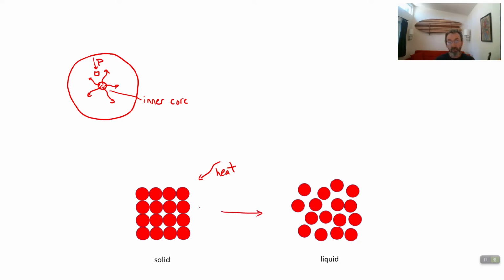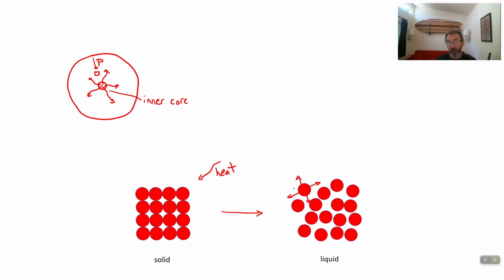Okay, so we heat up this solid and it becomes a liquid. What you'll notice is that the liquid has a very different structure. The molecules are not in any fixed position. They're essentially far apart from each other, and as a result, they have a lot of room to move around.